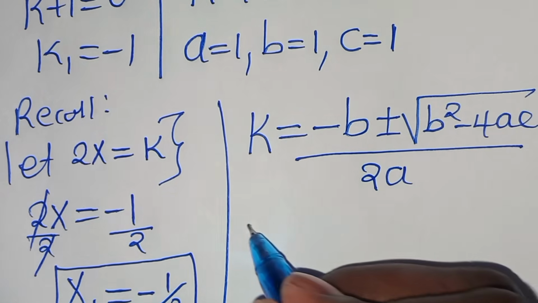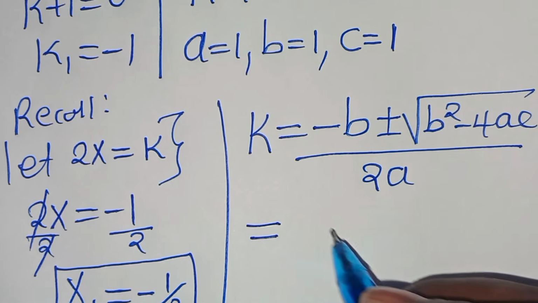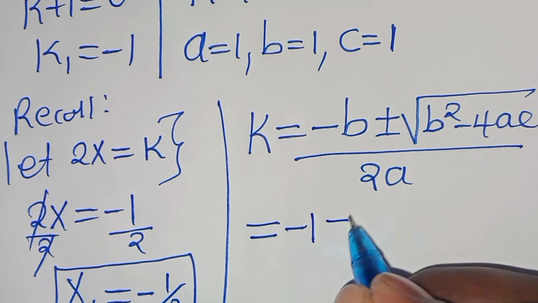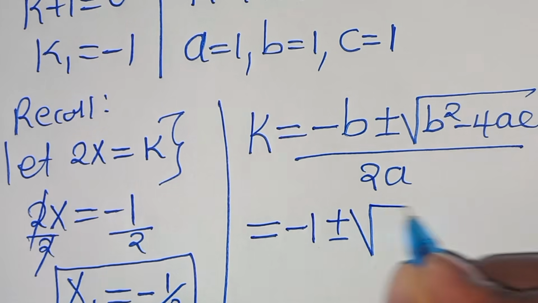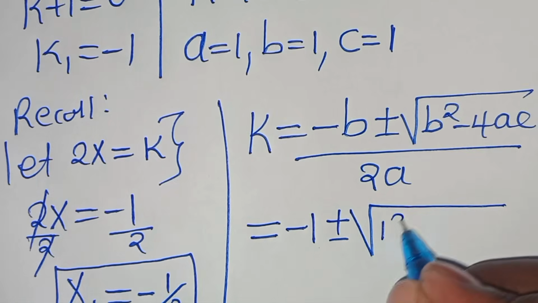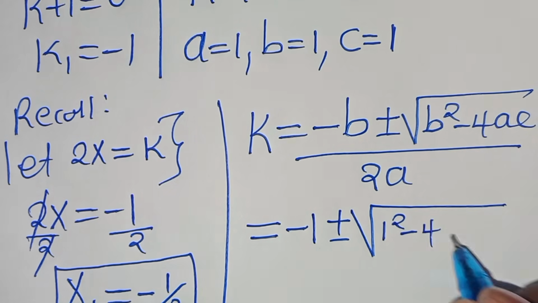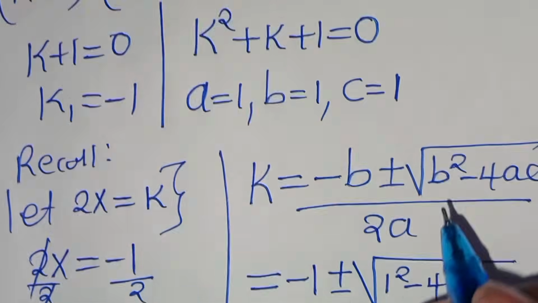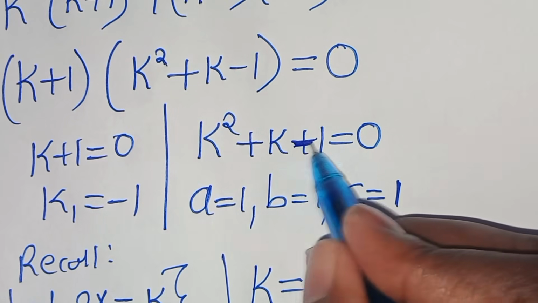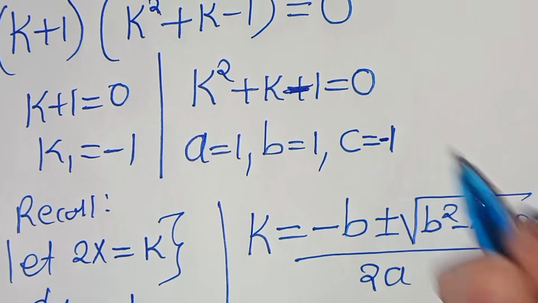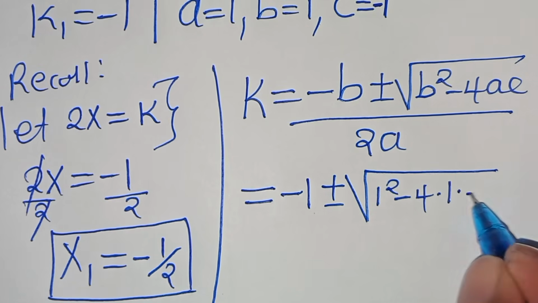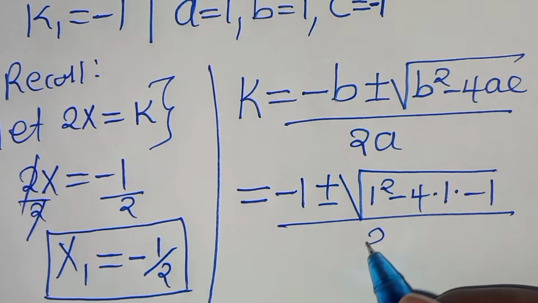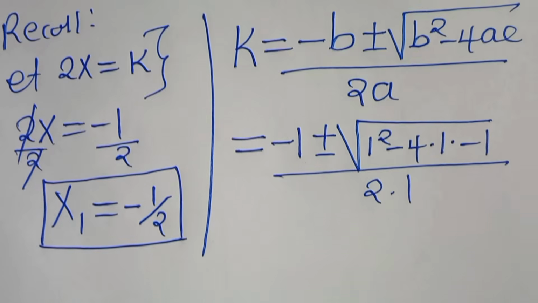Now let's substitute the values of a, b, and c so that we have minus 1 plus or minus the square root of 1 squared minus 4 times a, which is 1, then times c. C here is minus 1. So we have times minus 1, everything divided by 2 times 1.